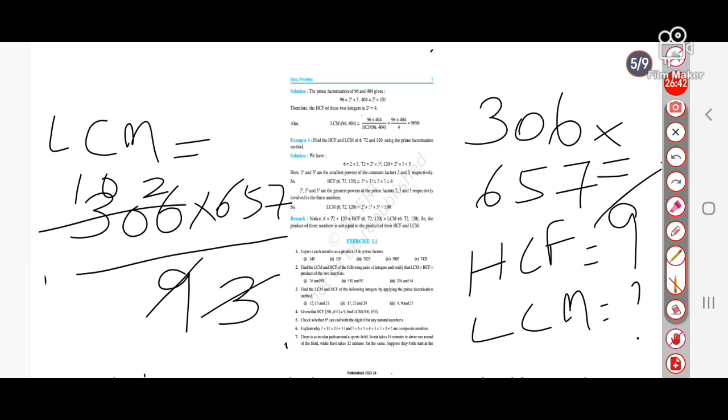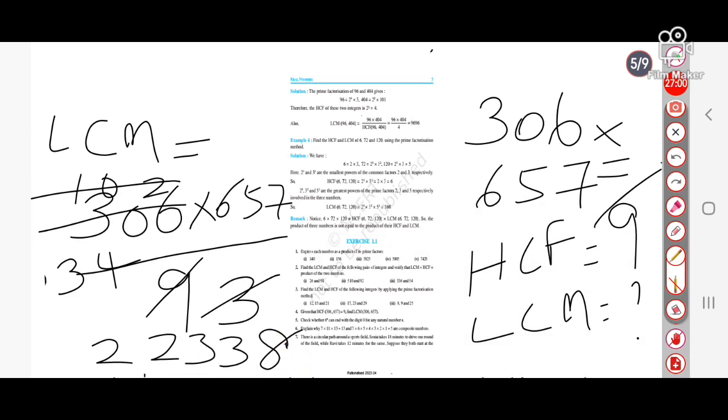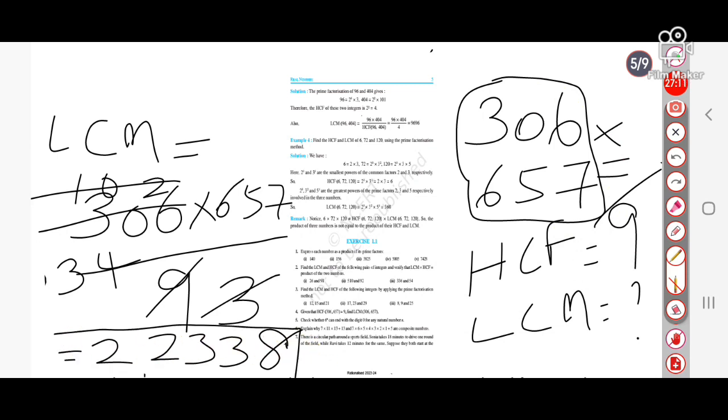Again further dividing, we get 3, it is 3, then 4. Multiplying these, we get the value 22338. So the LCM of 306 and 657 is 22338.